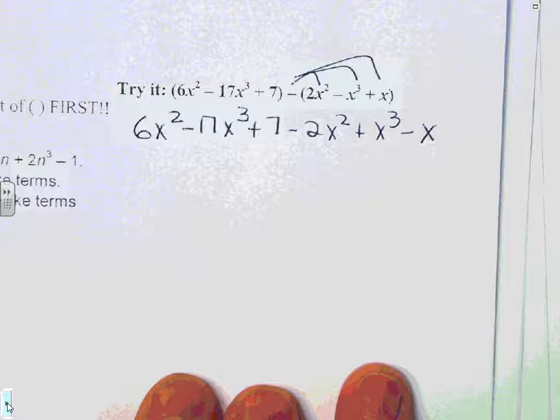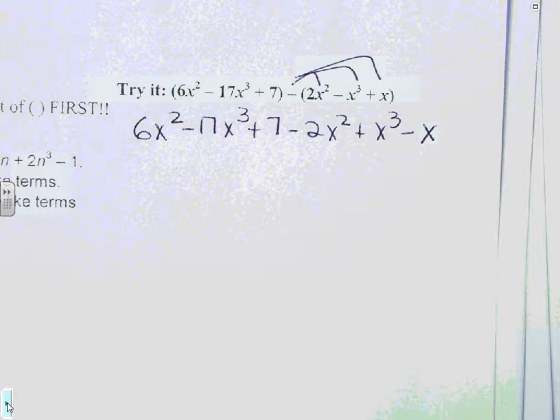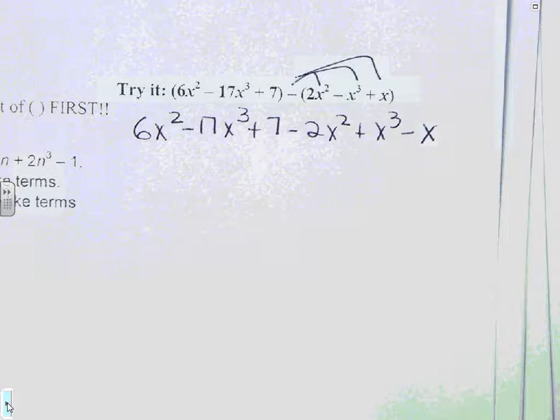Wait, why didn't you put the 17 in front of the 6 as the basis? I haven't started rearranging them yet.